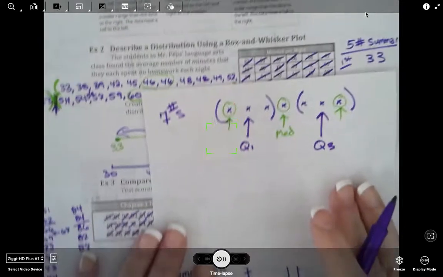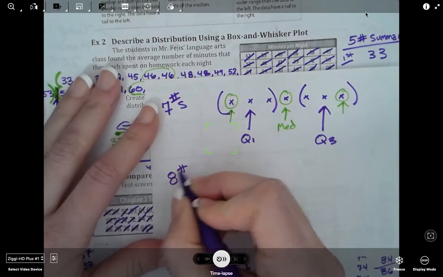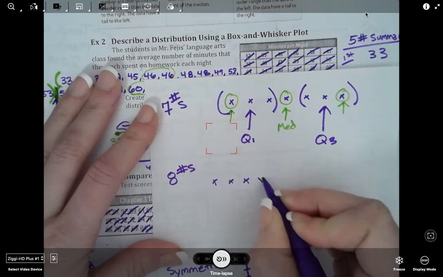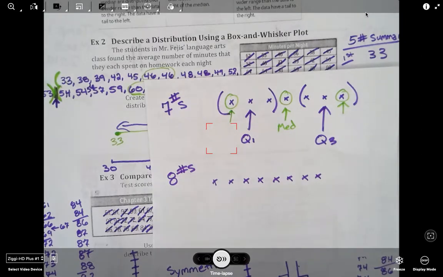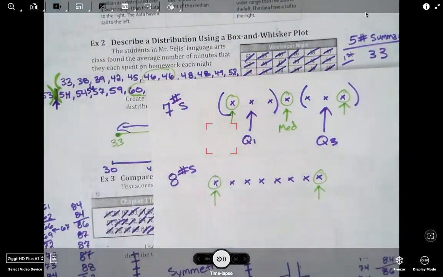Now, I'm going to change it and let's go back to what we had with 24. We have 8 numbers instead. 8 numbers, okay? 1, 2, 3, 4, 5, 6, 7, 8. Now my smallest number, assuming these are in order, is this one. My biggest number is that one, okay? Do I have a middle number?